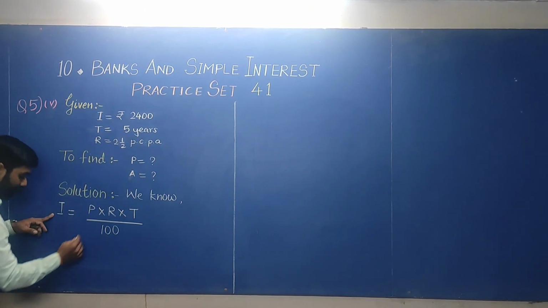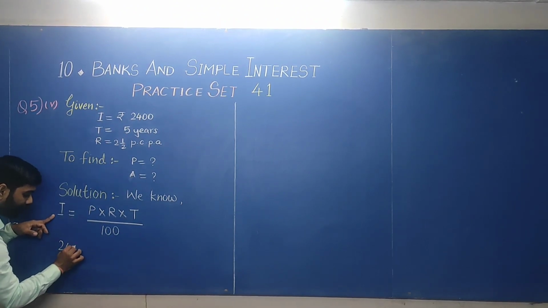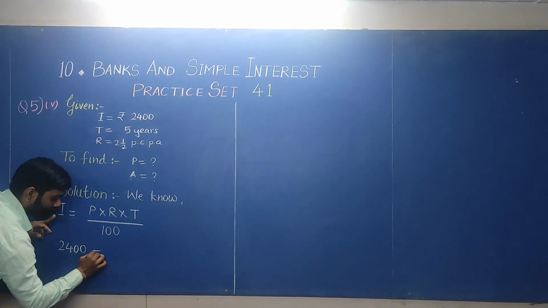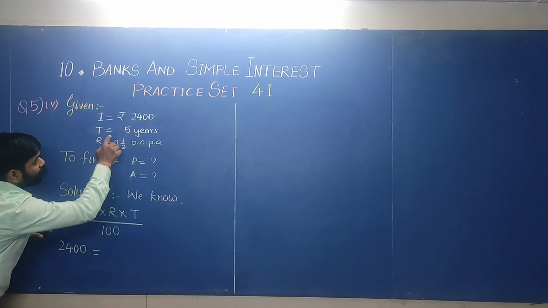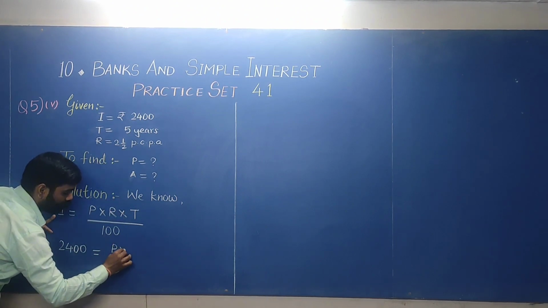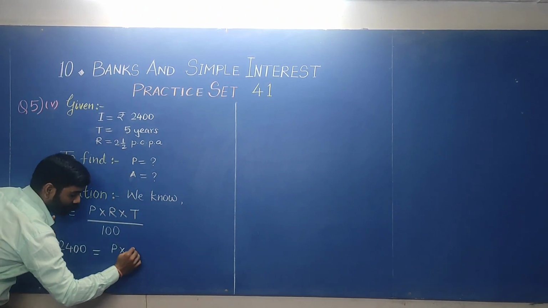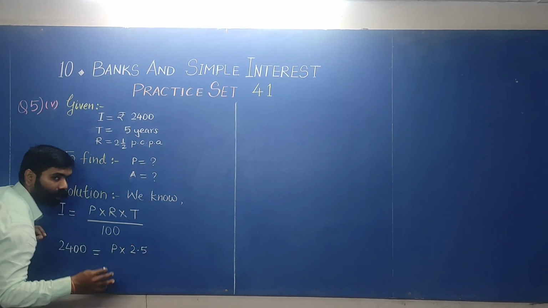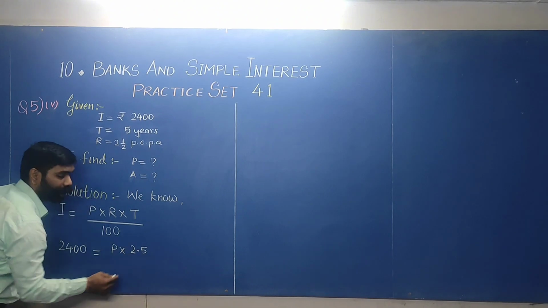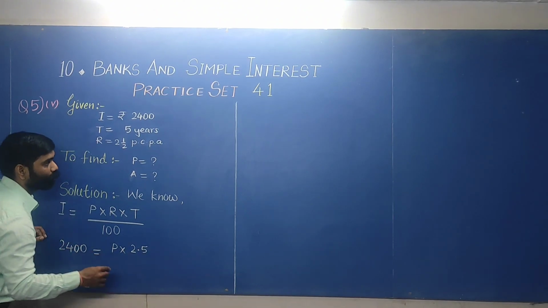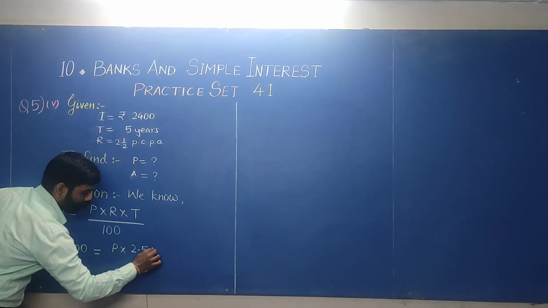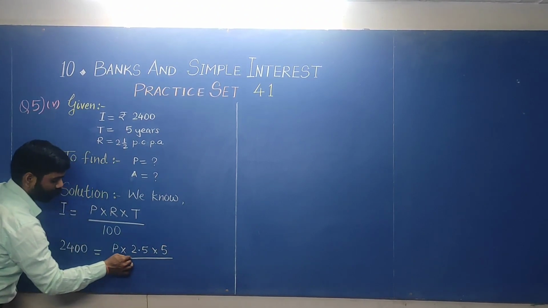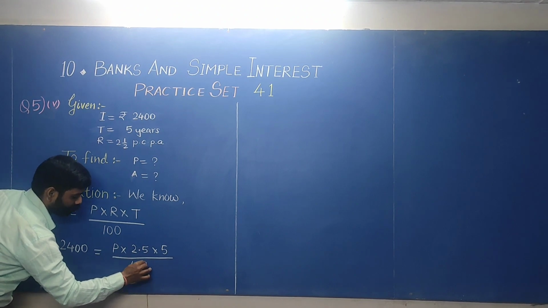We know interest, that is 2400, is equal to P. P is not given, so we will write P. R is given as 2.5. 2.5 can be written as 2.5, or if you write 1 upon 2, then also it is okay. T is given as 5 upon 100.